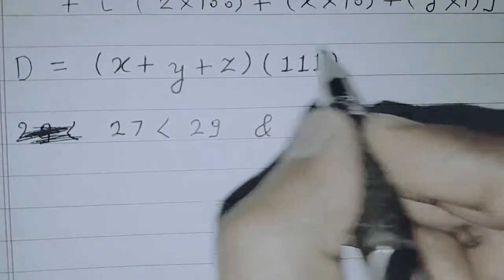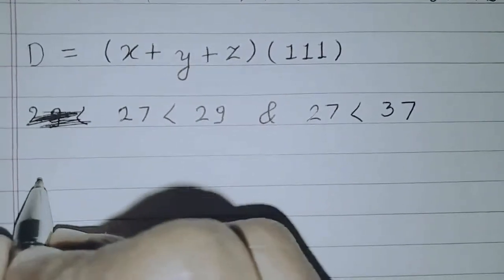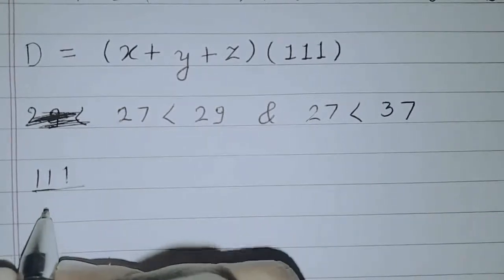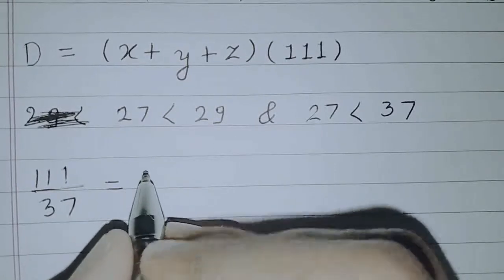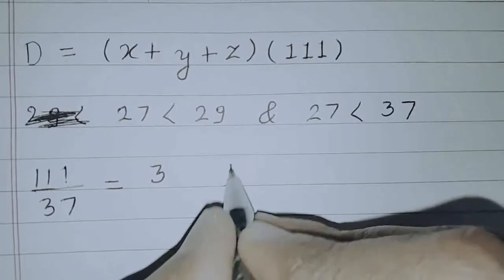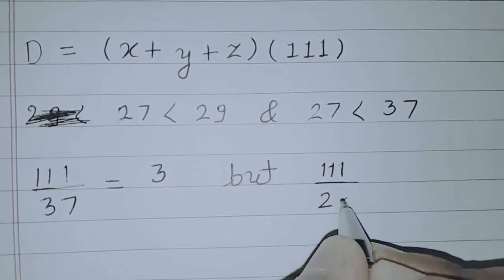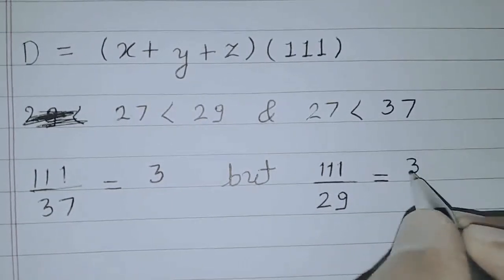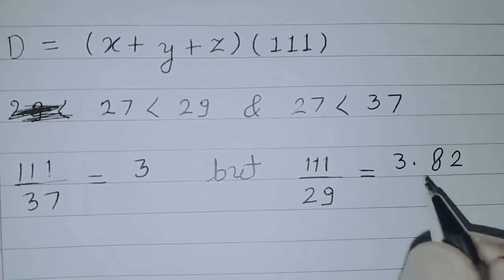Now we look at 111, but we can simply see that 111 is divisible by 37, for it gives you 3. But when you divide 111 by 29, it gives you approximately 3.82.